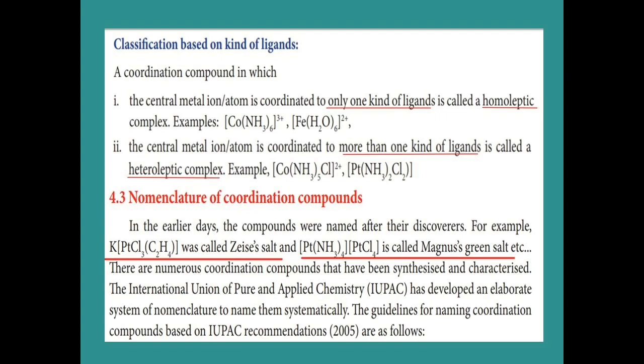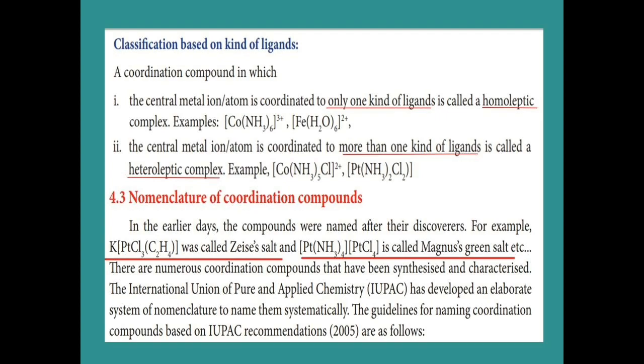Next, we are going to see the nomenclature of coordination compounds. In earlier days, many compounds were discovered, but they were named by their discoverers, so some confusion arose. To clear up that confusion, the IUPAC, the International Union of Pure and Applied Chemistry, developed a nomenclature and gave guidelines for naming coordination compounds.